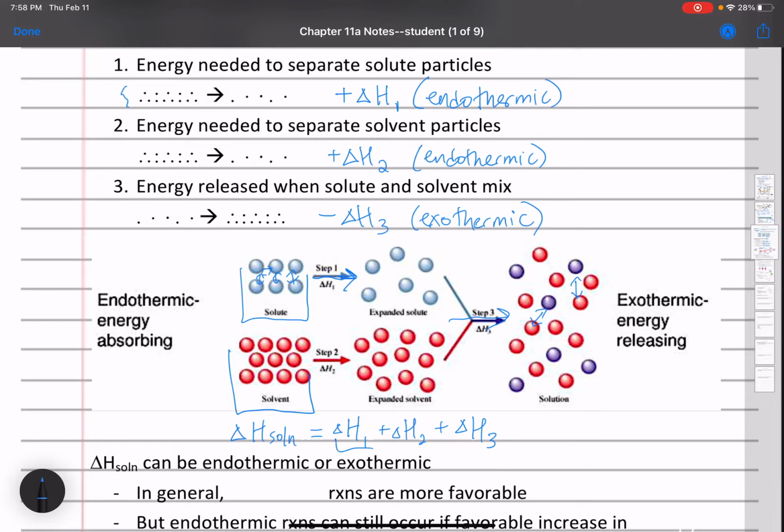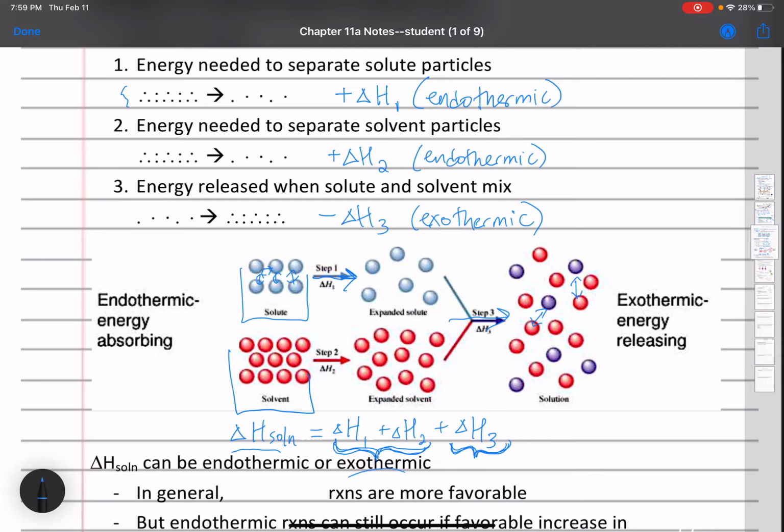Remember, these 2 steps are endothermic, this step is exothermic. If the first two are not terribly endothermic and those numbers are small and this number is large, then you can have an exothermic heat of solution. If these numbers are large and this 3rd step has a small enthalpy, then the reaction will be endothermic.